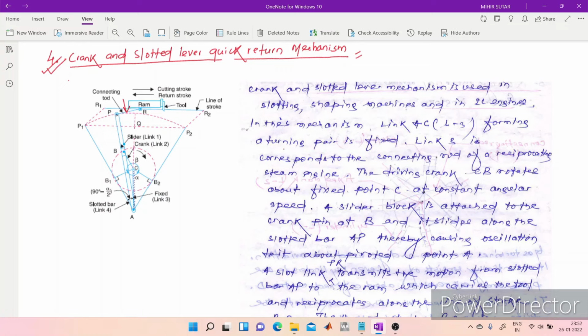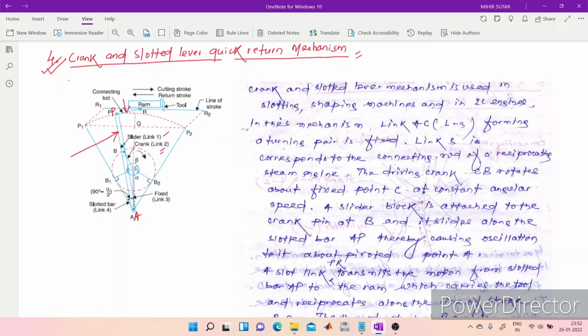Then the end of the connecting rod is connected to a slotted bar, this AP, this is A here, this is P here. Inside the slotted bar we have a slider, which is our link 1, and the slider is connected with the crank, which is our link 2.